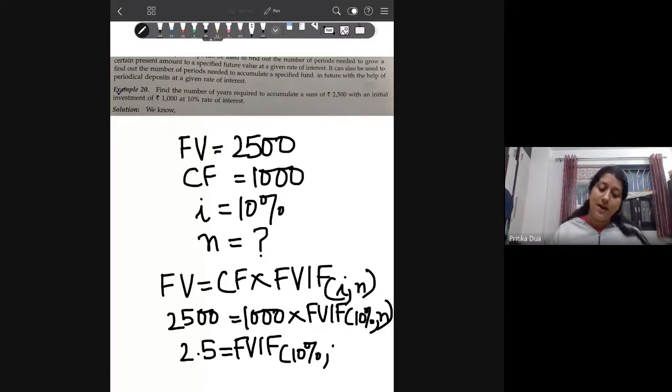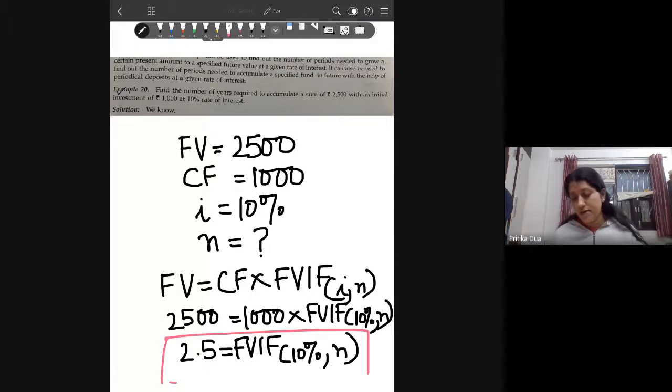So the last value that we can calculate is 2.5. Now I will again go to the table and I don't know n, so I will move vertically in the FVIF table. I will move vertically from 10% and I will look for a time period that is closest to having a value of 2.5.